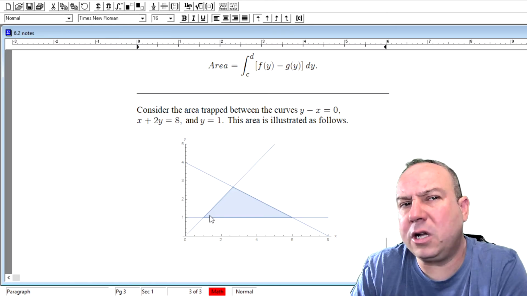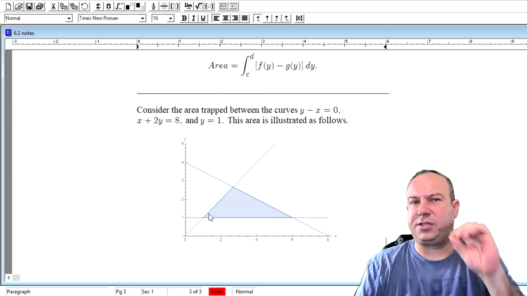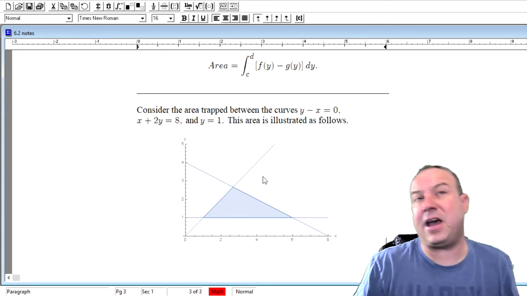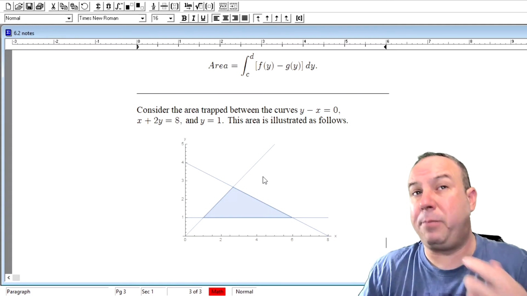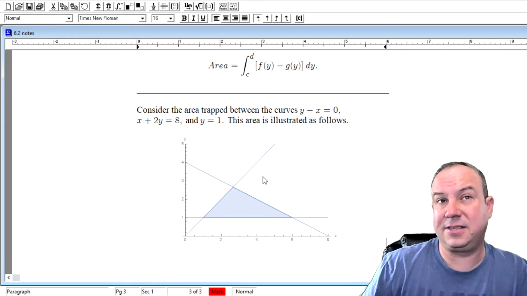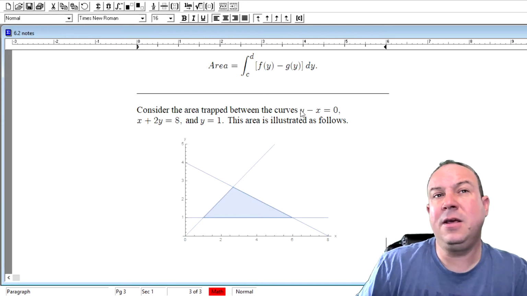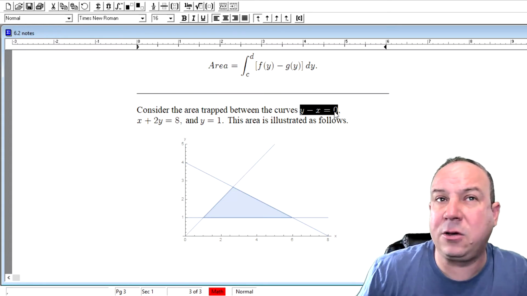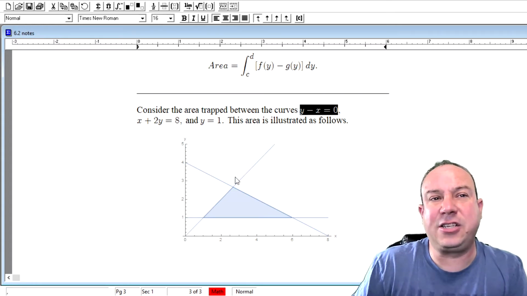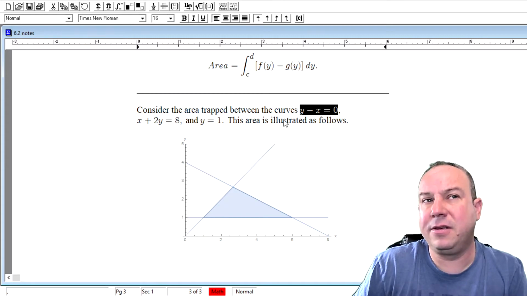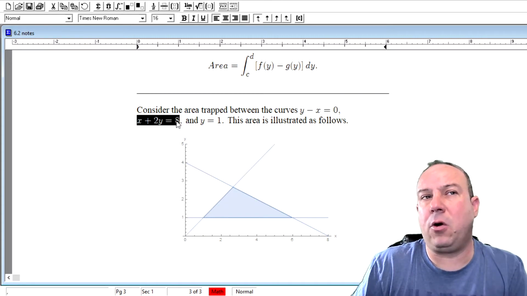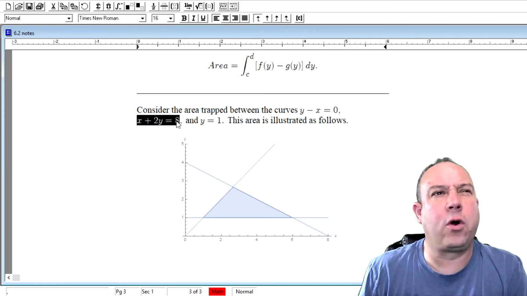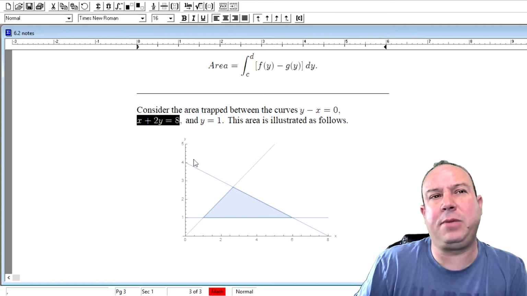That would consider treating y as the dependent value, dependent upon x, with x being independent, meaning I could solve these equations for y. So y equals x would be this path, and over here it would be y equals 4 minus 1/2 x. That would be this path.